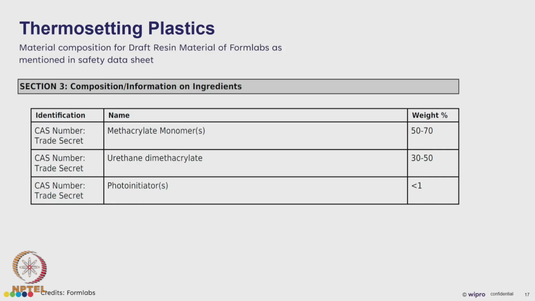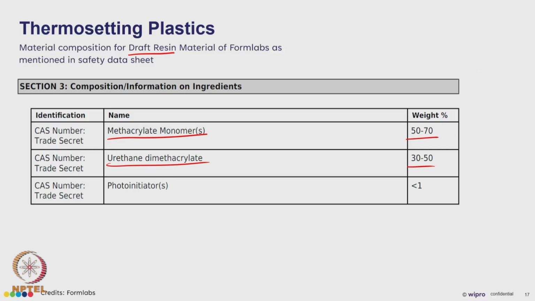So this is the composition of ingredients provided by Formlabs for a material called draft resin. Here we could see it is not made up of one single material, it is a mixture of multiple materials. What we could see here is methacrylate monomers and urethane dimethacrylate, and the weight percentage is not provided as a single value, it is a proportionate value where the percentages have a very big range.